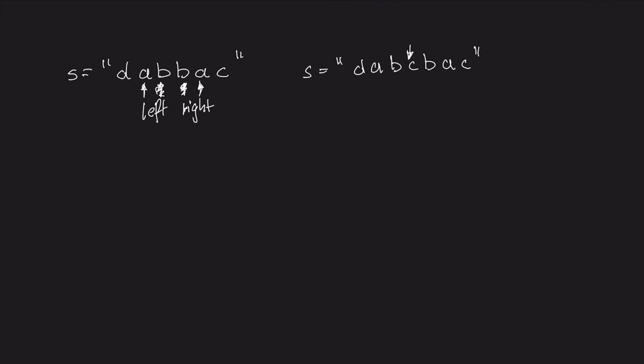So we would move it to the second A. And again, we will compare whether the two characters pointed to by left and right are the same. If they are the same, we will move right towards the end and the left towards the beginning and do another comparison. And in this case, D is different than C. So we will exit our loop, and what we would find is that the longest palindrome for this specific case is ABBA.